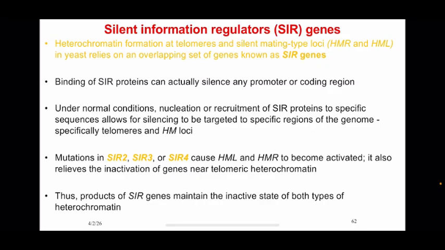So normally in the silencing of the mating type loci in yeast, for example, if there are any mutations in the SIR genes, the HML and the HMR are going to be activated instead of being silenced, right? So therefore, the products of the SIR genes maintain this inactive state of the heterochromatin, the HMR and the HML.